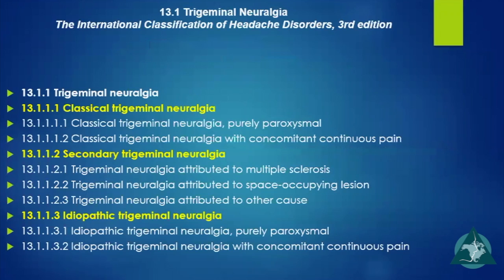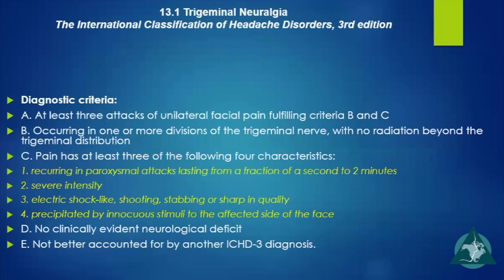The International Classification of Headache Disorders, 3rd edition, classified trigeminal neuralgia into classical trigeminal neuralgia, secondary trigeminal neuralgia, and idiopathic trigeminal neuralgia. The diagnostic criteria include at least 3 attacks of unilateral facial pain fulfilling criteria B and C. Criteria B include occurring in one or more divisions of the trigeminal nerve with no radiation beyond the trigeminal distribution.